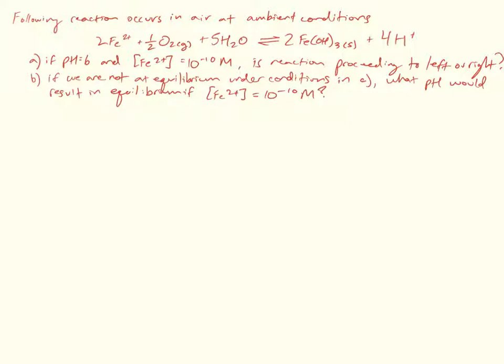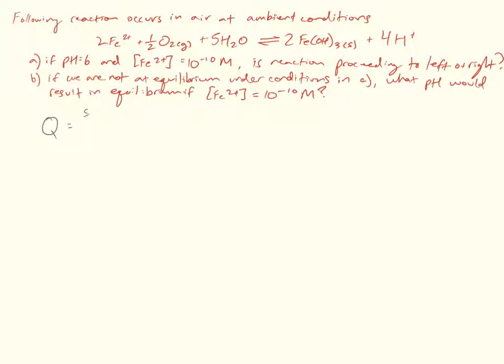So here we are, part A. The equation for Q for this reaction says Q is equal to the activity of the products raised to their stoichiometric coefficients divided by the activity of the reactants raised to their stoichiometric coefficients.